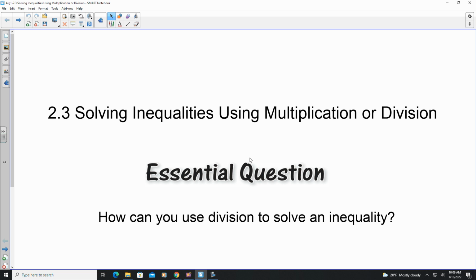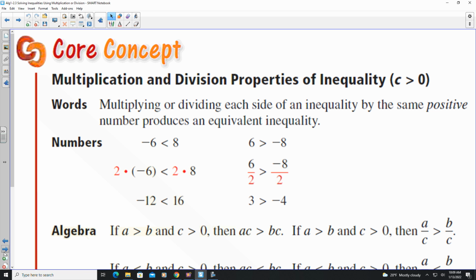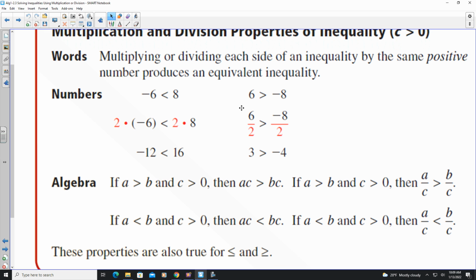Okay, so for instance, here it's talking about multiplication and division of inequalities. Both of these scenarios, we are multiplying both sides by a positive number. In this example here, when we're dealing with numbers, we're multiplying 2 to both sides. Over here, we're dividing 2 to both sides.